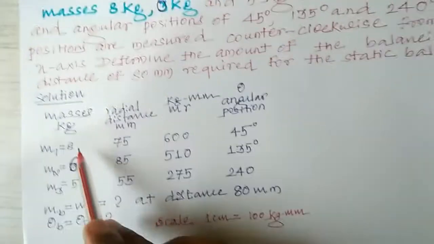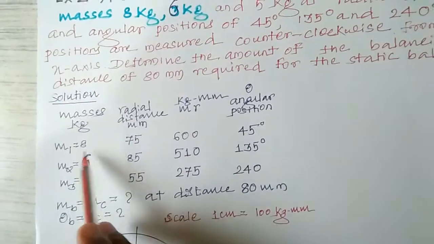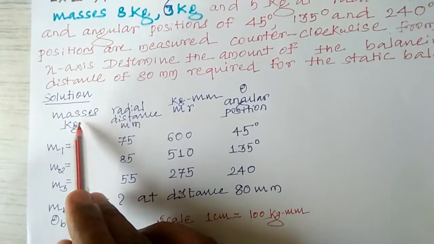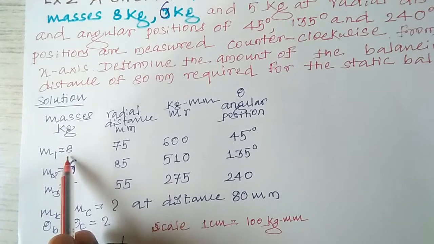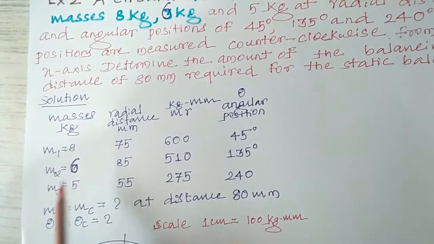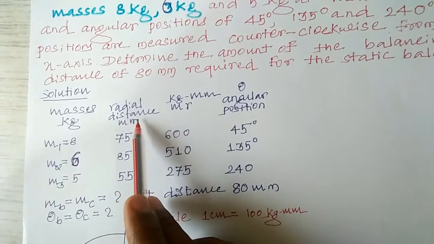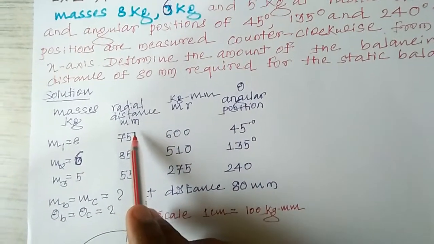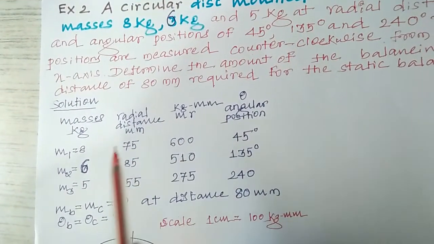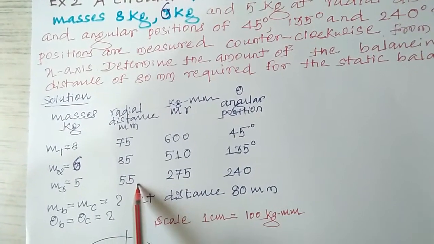Three masses are given: m1 is 8 kg, m2 is 6 kg, m3 is 5 kg, and the radial distances are given in mm, that is 75 mm, 85 mm, 55 mm.